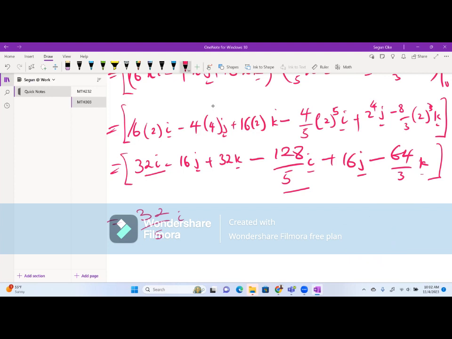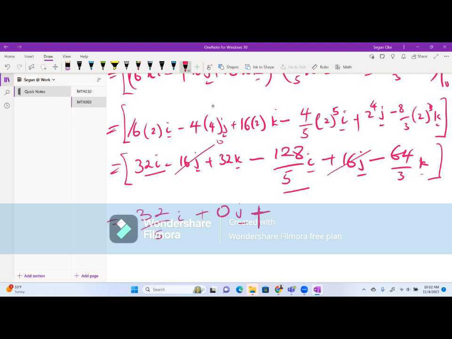So let's take all the j. You see, minus 16j plus 16j returns to 0, right? It will be minus 0 or positive 0, you can call it, depending on the person. Some will call it minus 0, some will call it positive 0, because it doesn't have anything.